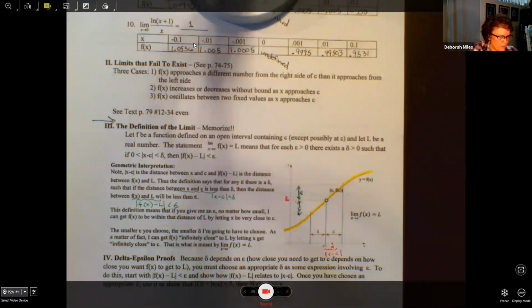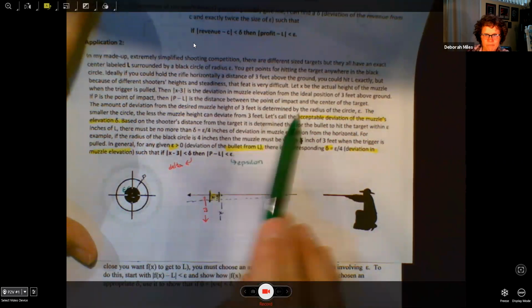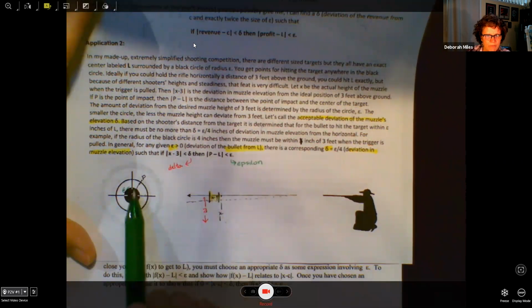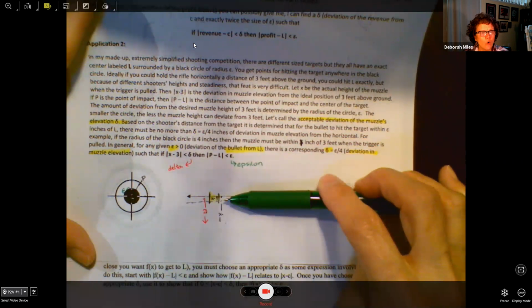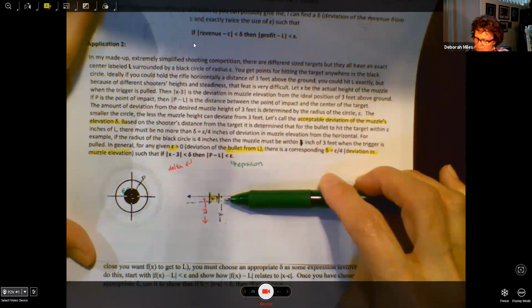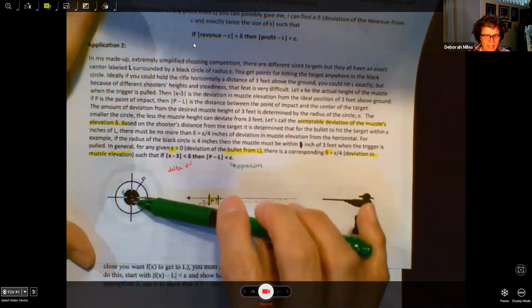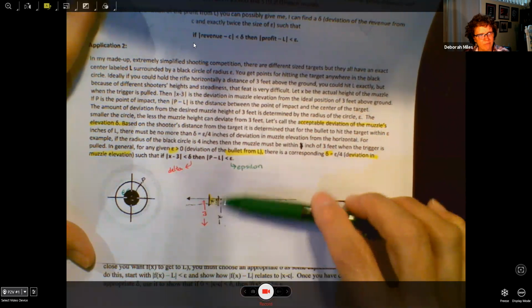Now, again, some official figured out that for any radius you give me, this amount of deviation could be a quarter of that. If I had a target with a 12-foot bullseye, then this trajectory could be off by 3 feet.